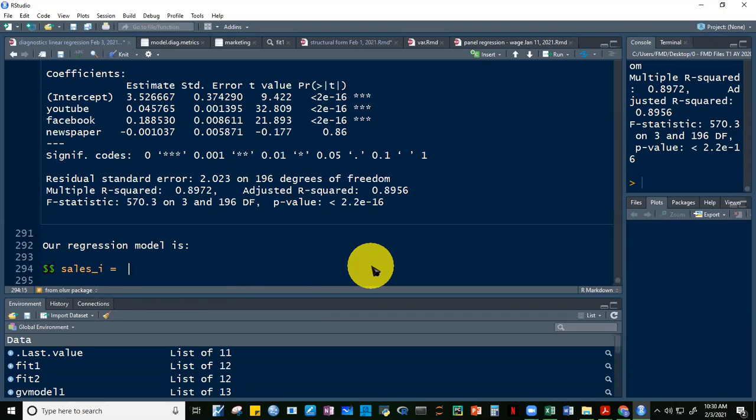Is equal to, copy natin to, intercept, Control C, Control V, okay, plus, YouTube is significant, Control C, Control V, and then ito times natin, so asterisk, times what?